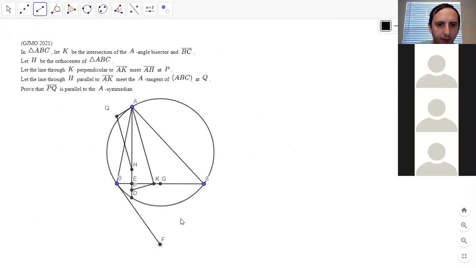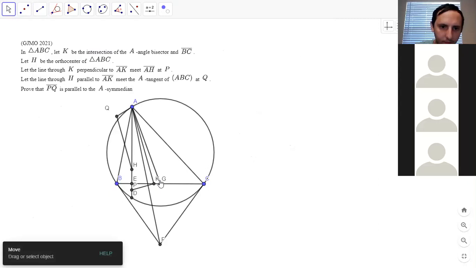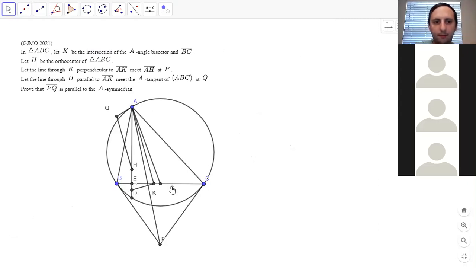So we want to show PQ is parallel to AF. And we know that angle FAK equals angle GAK. So we have a few things to start out.